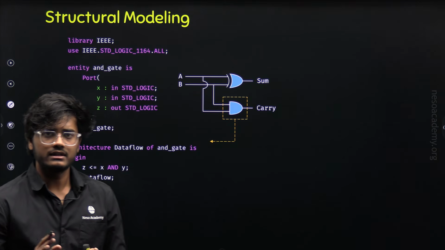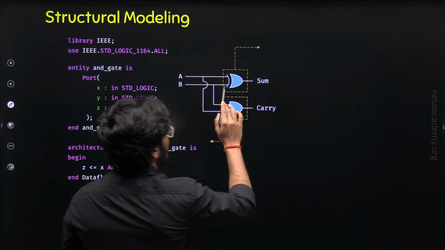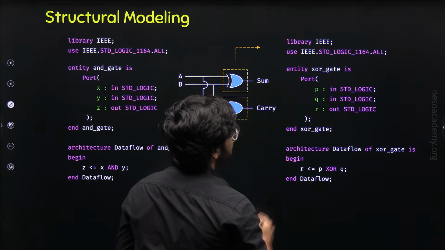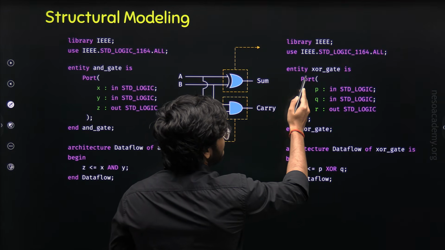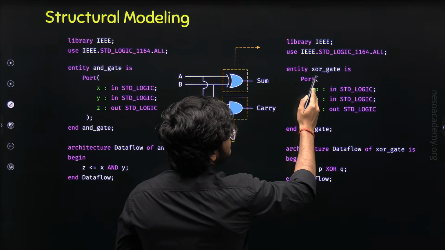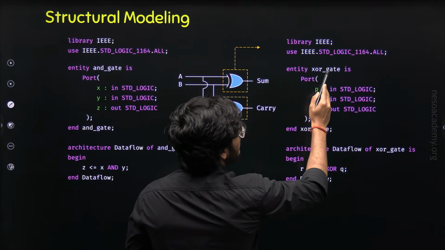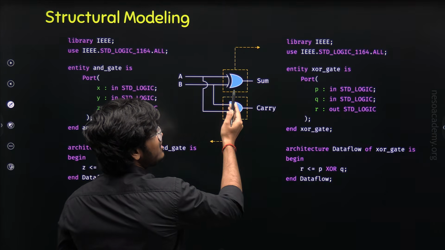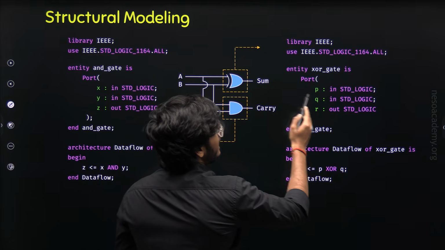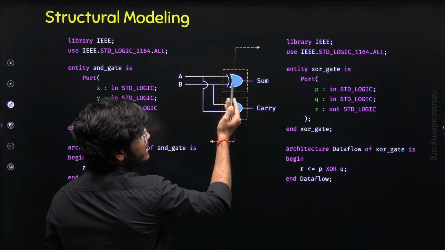Similarly, we can write the VHDL code for the XOR gate separately. Starting with IEEE library, then we have entity. And here I am naming this entity as XOR_gate because I am writing the code for the XOR gate. And here we have a two input XOR gate.